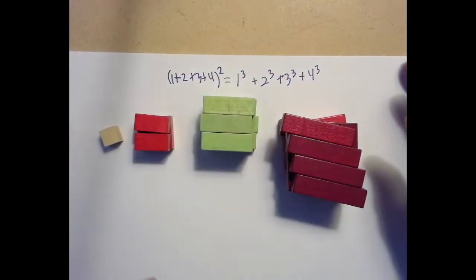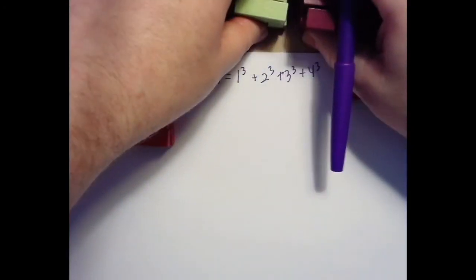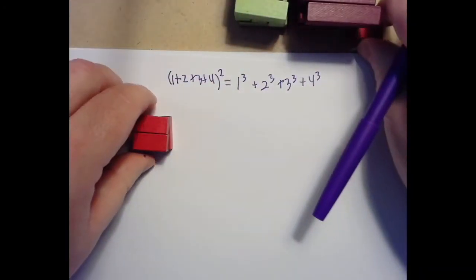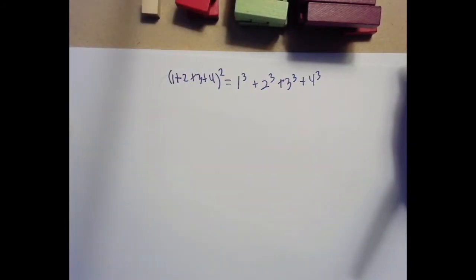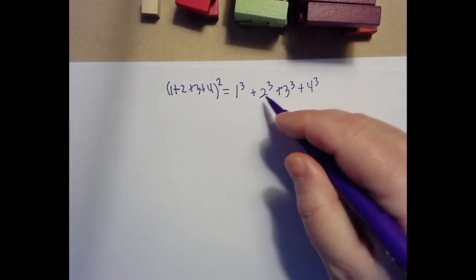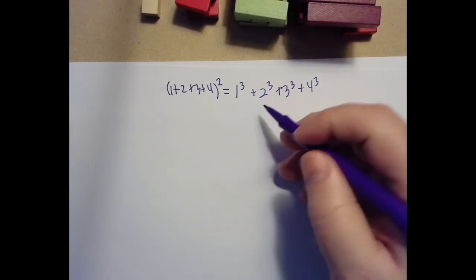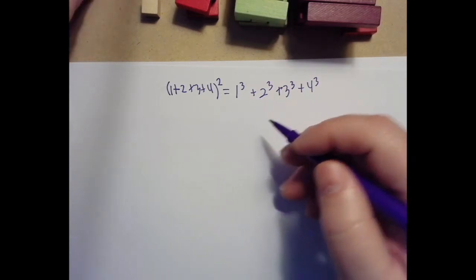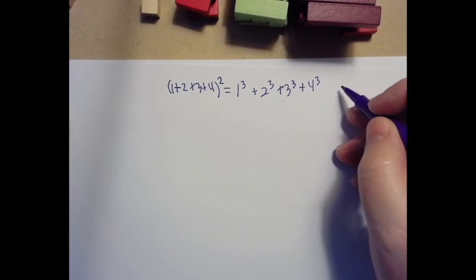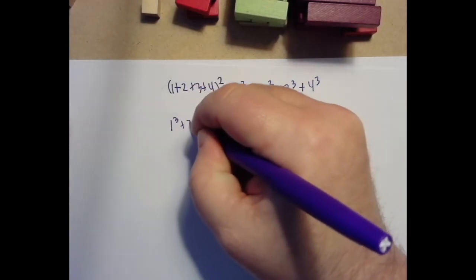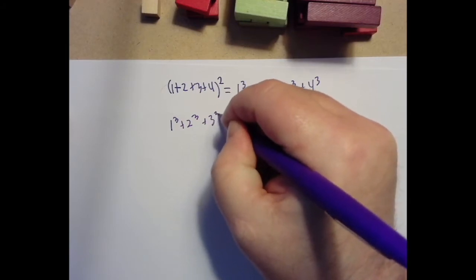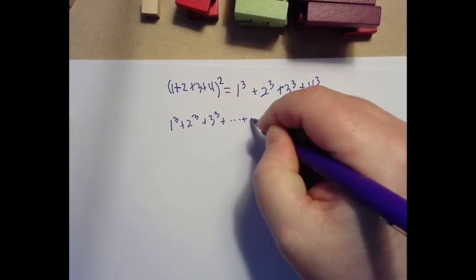And I get this cool little formula here by Nicomachus. And this is kind of interesting, because if I generalize it like I did with the other ones, this would say this is the sum of cubes. So that would be 1 cubed plus 2 cubed plus 3 cubed plus up to n cubed.